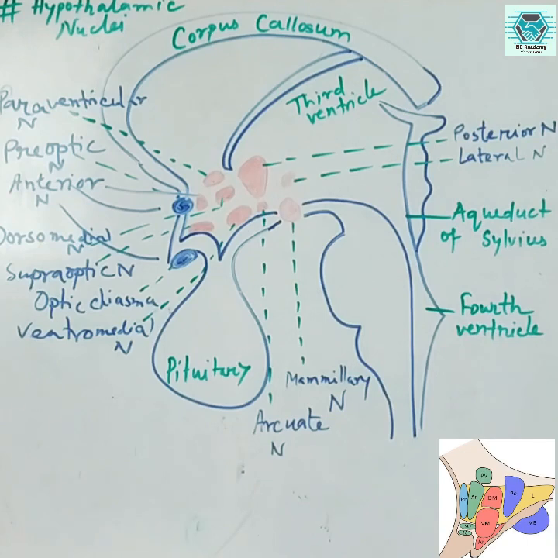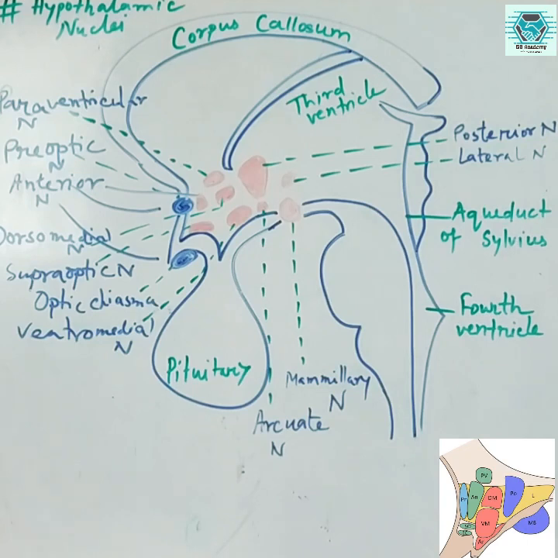So these nuclei have a very important role in different pathways, and we know that the hypothalamus is intimately involved in regulation of many vital functions and is also related to endocrine regulation, because we know that without the hypothalamus-pituitary connection there is no production of the pituitary hormones.